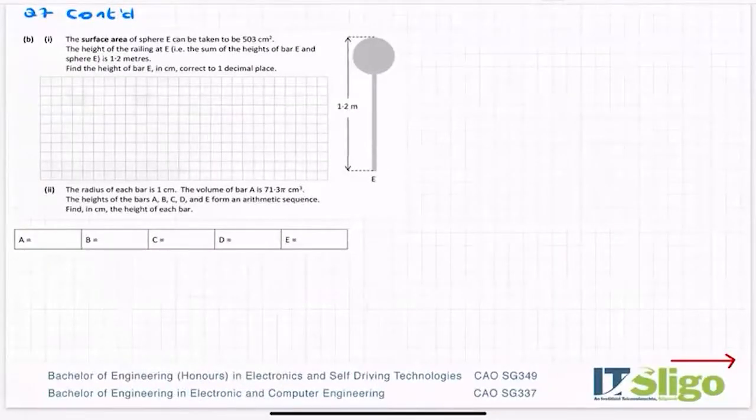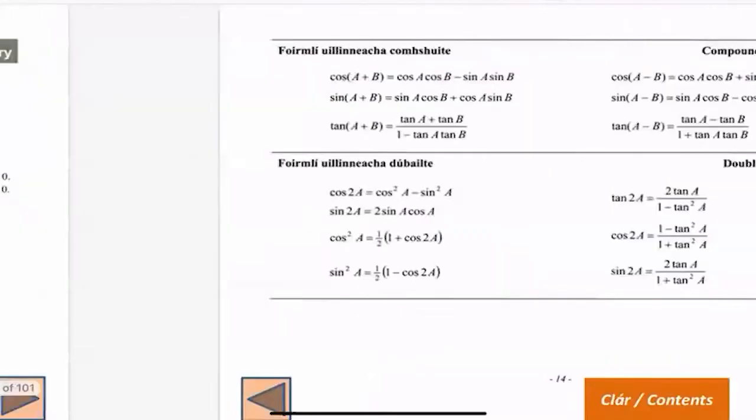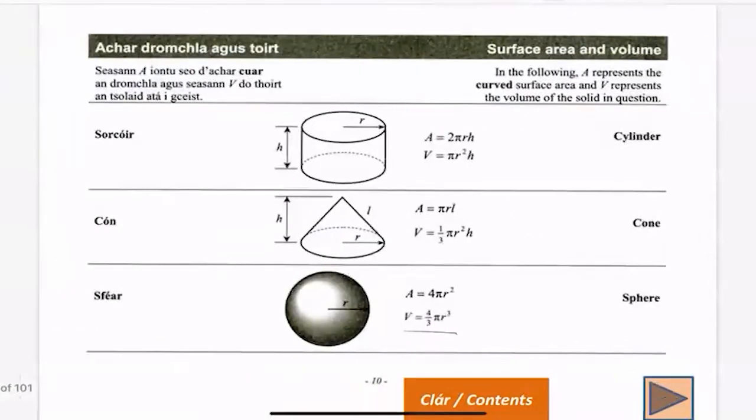So the surface area then of sphere E can be taken to be 503 centimetres squared. So the surface area of a sphere. The trick here when they give you something like that, surface area of a sphere, is 4 pi r squared.